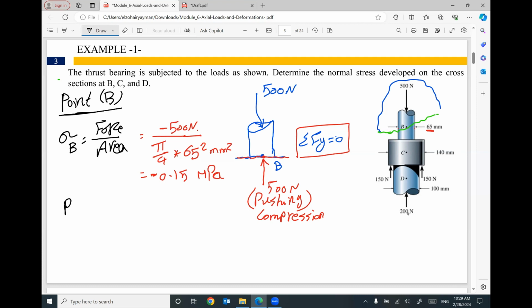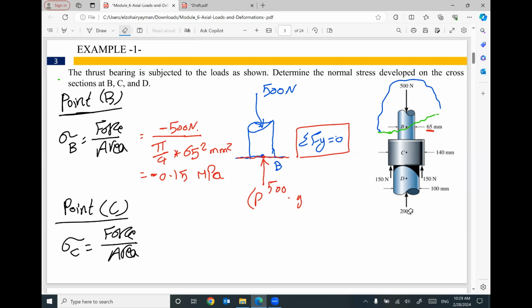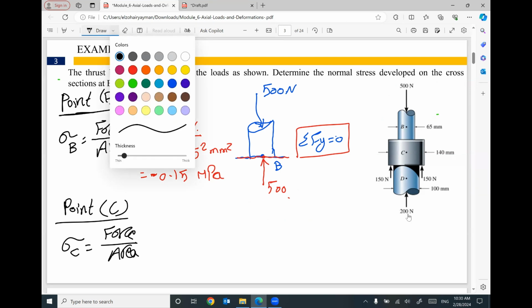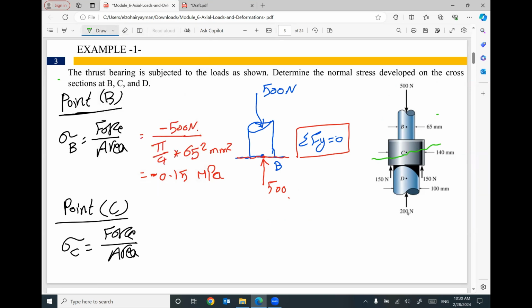For point C, stress at point C equals force divided by area. Let's see what we have at point C. I will do a cut at point C. Then you can decide which part or which side I'm going to use, the upper part or the lower part.